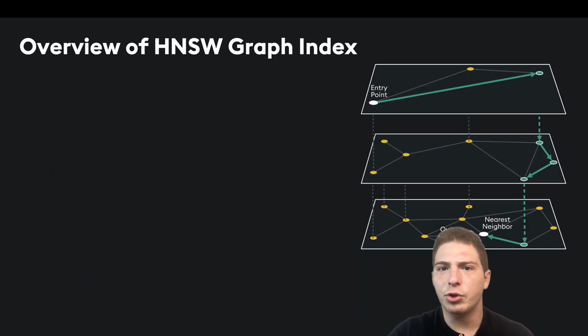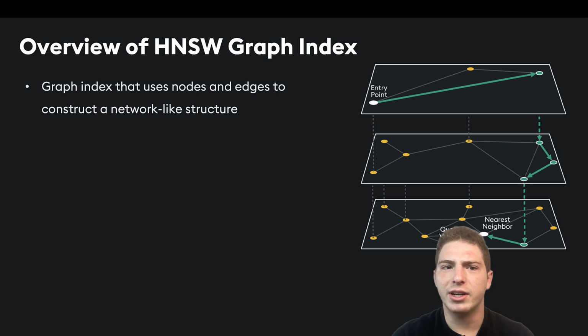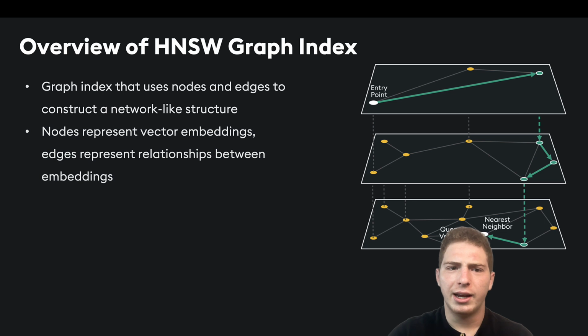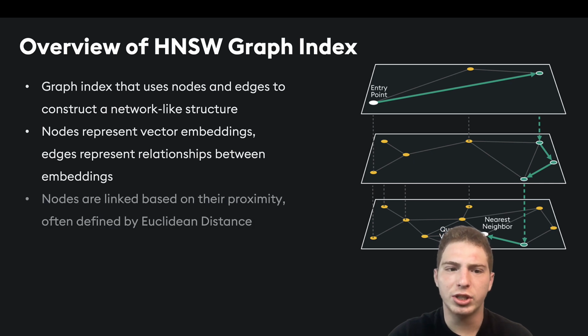An HNSW graph index is a graph index that uses nodes and edges to construct a network-like structure. Every single node is a vector embedding, and the edges represent relationships between these embeddings. These relationships are largely based on Euclidean distance between them.